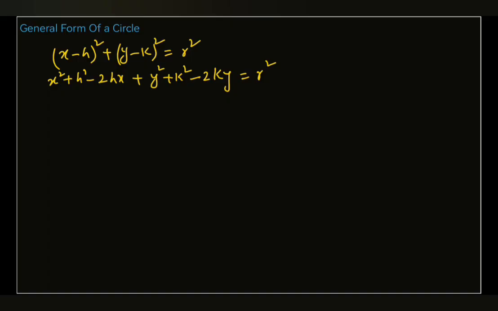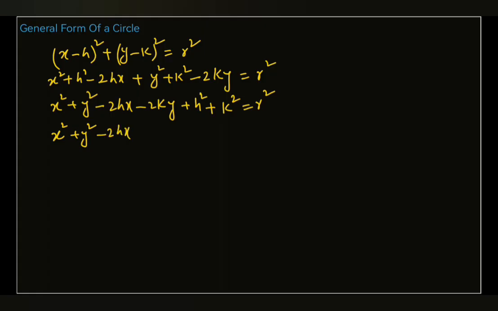Arrange this in x and y form: x square plus y square minus 2hx minus 2ky plus h square plus k square is equal to r square. Now take the r square to the left side. So x square plus y square minus 2hx minus 2ky plus h square plus k square minus r square is equal to 0.